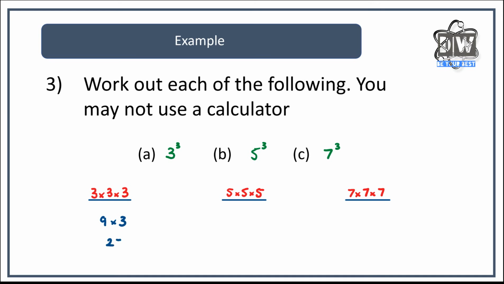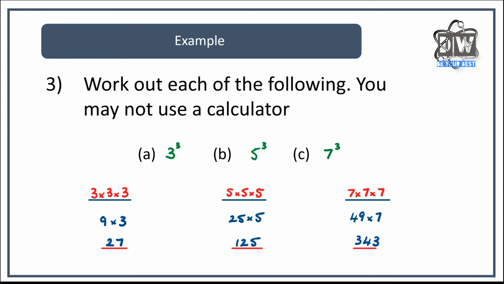So we break it down one step at a time. The next one, 5 times 5 is 25, and 25 times 5 gives us 125. And last but not least, 7 times 7 is 49, and 49 times 7 gives us 343.